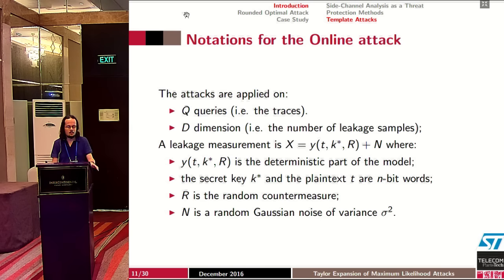The deterministic part, Y, is a function of a secret key, K star, and a random plaintext, T, which are n-bit words. But it also depends on some random values, which are the values used by the countermeasure, such as the mask and the shuffle. In this presentation, these values are denoted by a capital R. The random noisy part is assumed to be a white Gaussian noise with sigma square as variance.